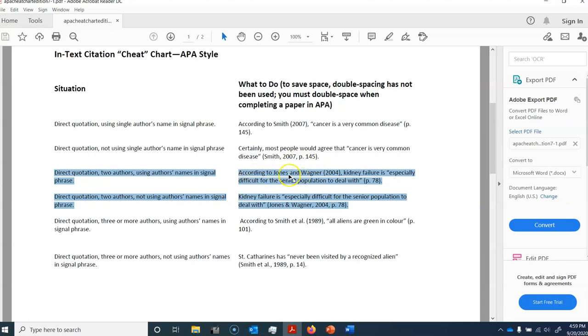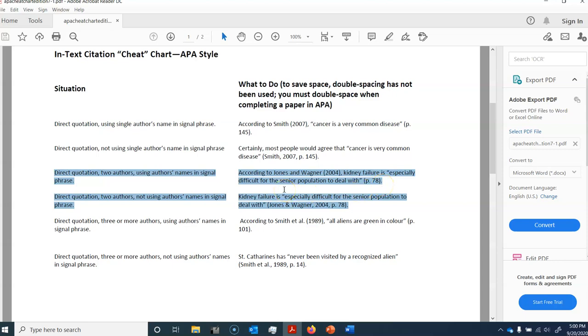So I might say, according to Jones and Wagner, bracket, year of publication, close the bracket, comma, kidney failure is, "especially difficult for the senior population to deal with," bracket, P period, page number, close the bracket, period.